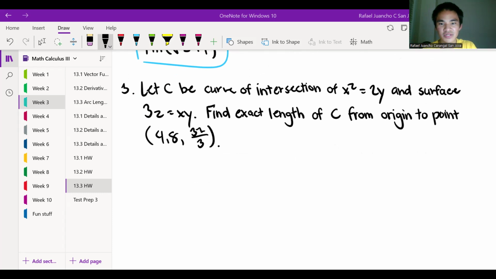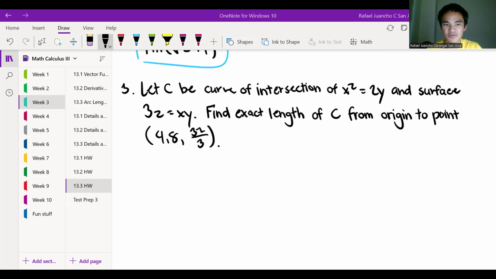Yeah, this is tricky. We have a curve of intersection and a surface. So we actually have two surfaces here, and we need to find the curve of intersection and find that exact length between 2 points.